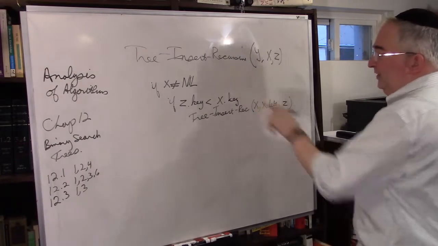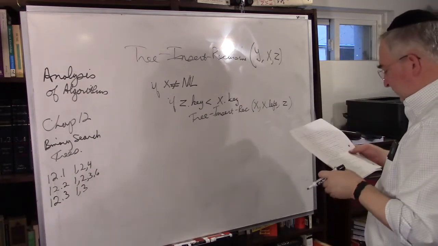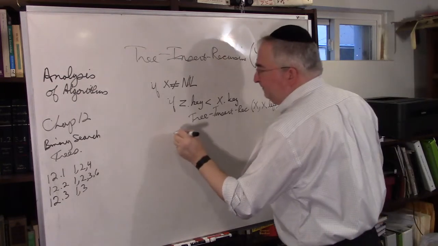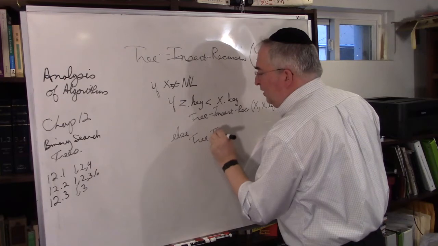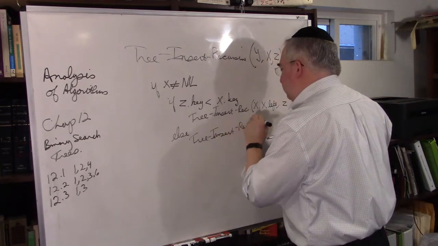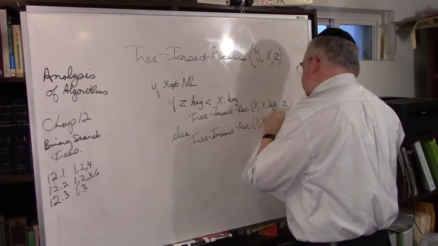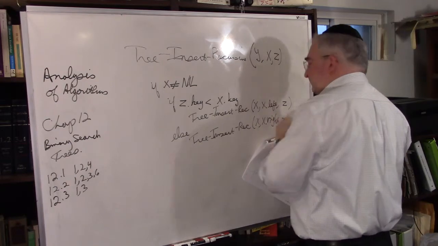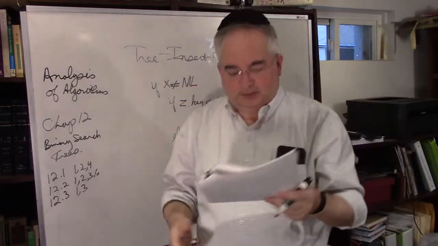I'm putting in z. Z is what I'm putting in, and where do I put it in? Else tree insert recursive x dot right, comma z. This way or this way.